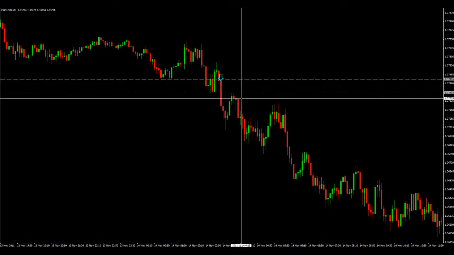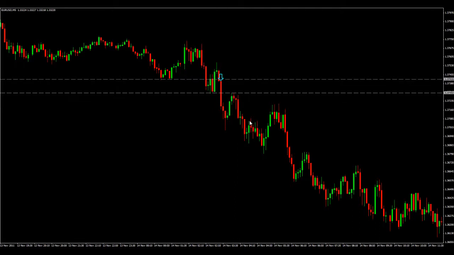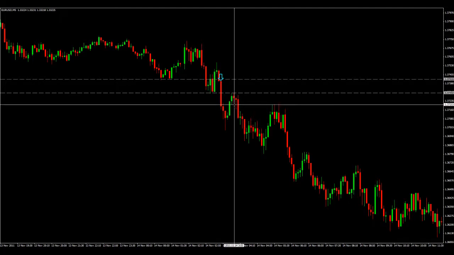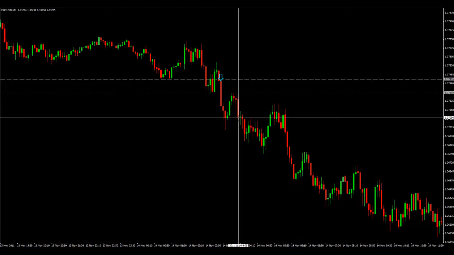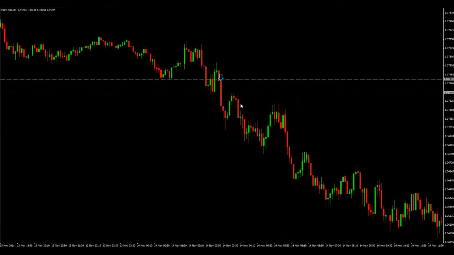So where I would be taking this particular trade is actually down here, because what I'm waiting for, as you've seen in my Euro USD strategy video on the 1-minute bars, is a close under this particular green bar right here. So as soon as that one closes, I'm going to be ready to do a put.